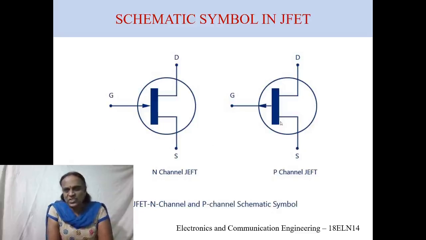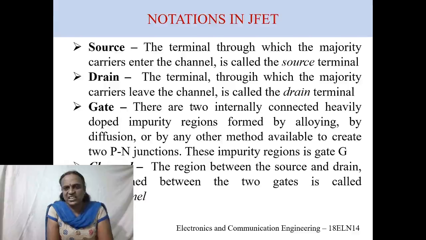Whereas for a P-channel JFET, the current flows outside the gate. It means that whenever there is a voltage energized between the source and the gate, the current leaves the gate terminal. This is the schematic symbol in JFET and these are the other notations we have seen. Thank you.